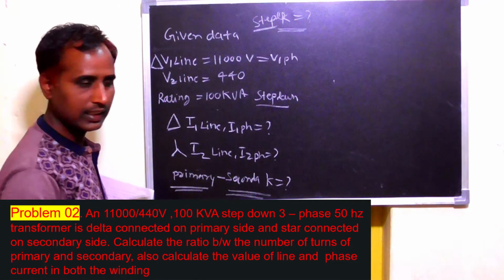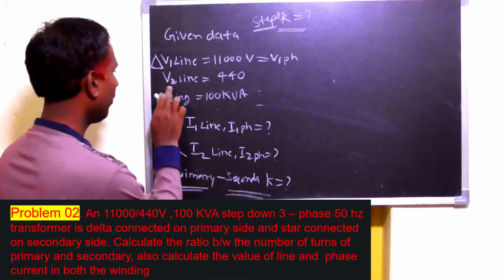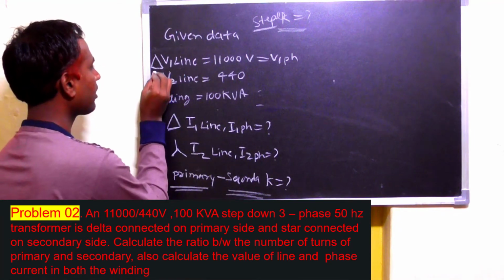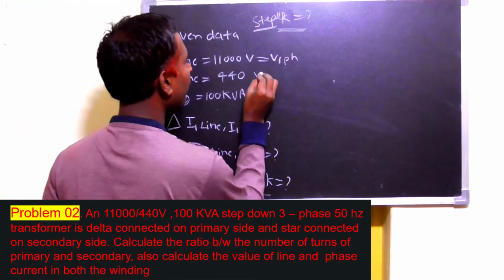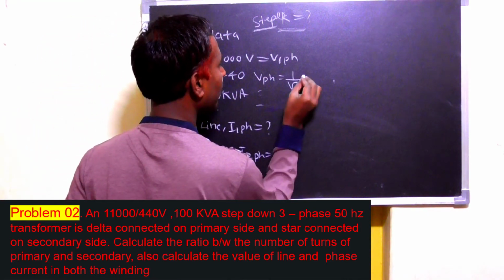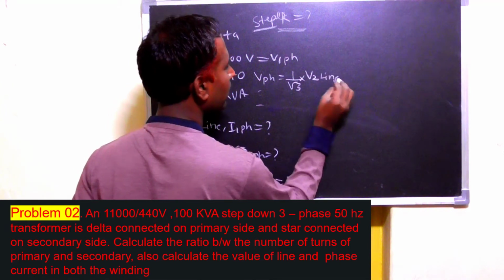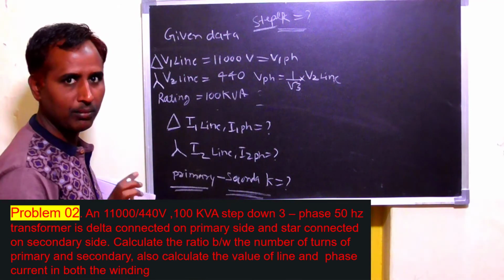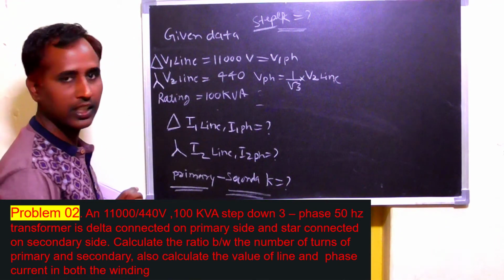Now in star connection, V2 means star. In star, V phase equals 1 by root 3 into V2 line voltage. This is the formula to find the phase voltage in star connection.